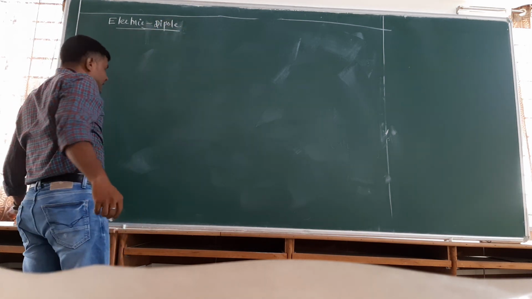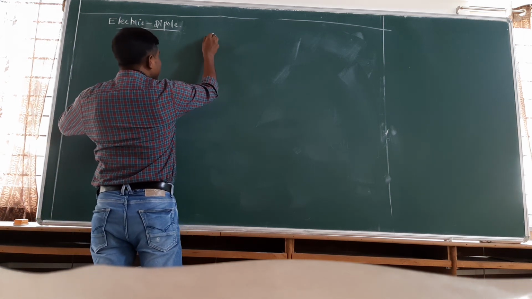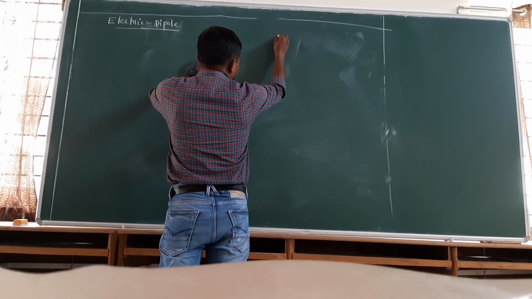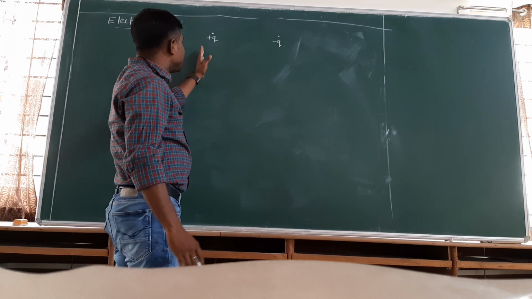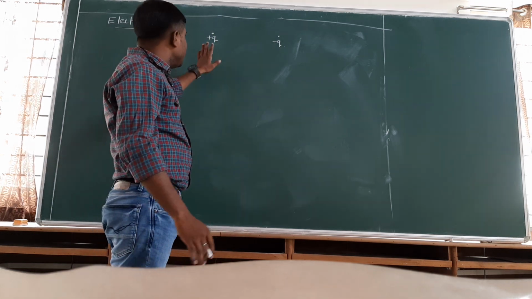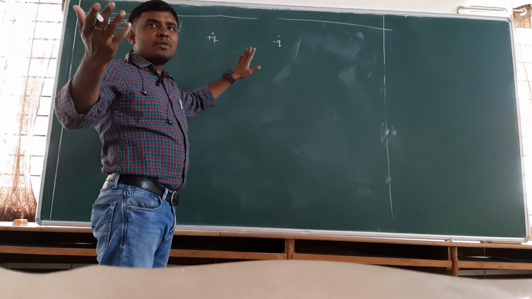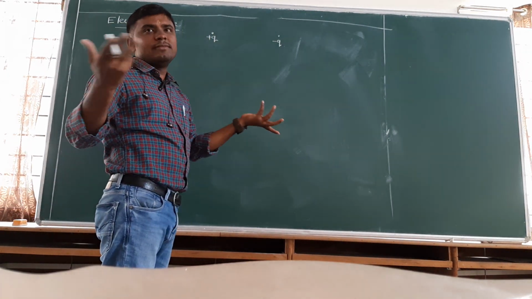Okay. Now see guys, let us take I have one charge which is marked as plus Q, and another charge which is marked as minus Q, right? As you can see, these two charges have the same magnitude, but the polarities are different, and we know that polarity is a property of charge which differentiates the behavior, positive or negative.